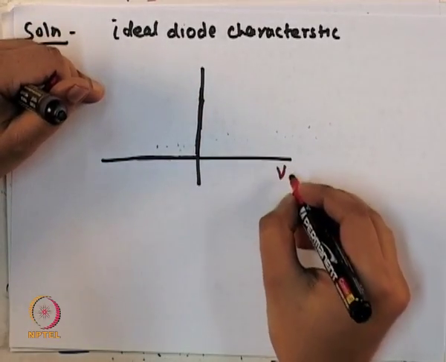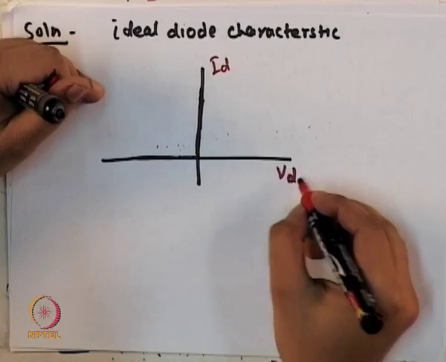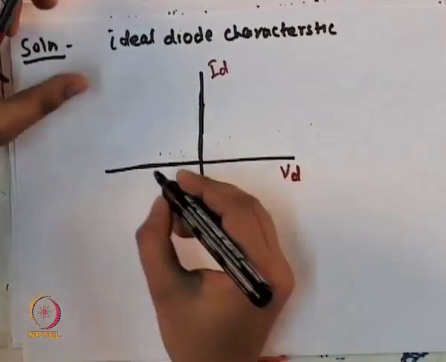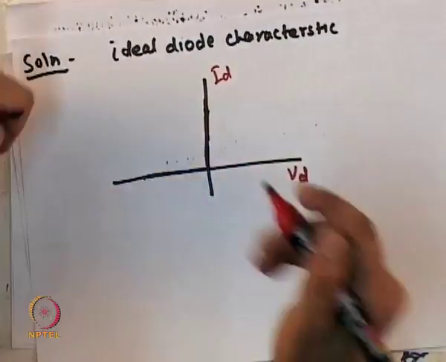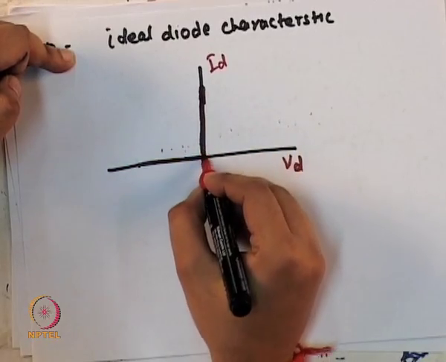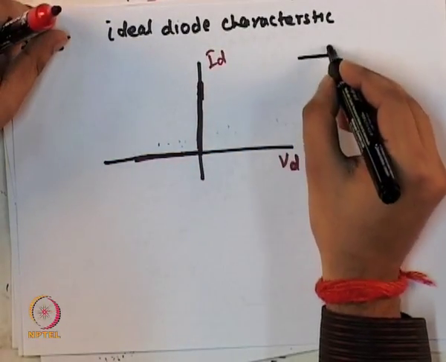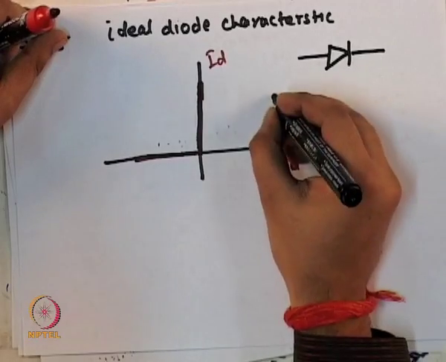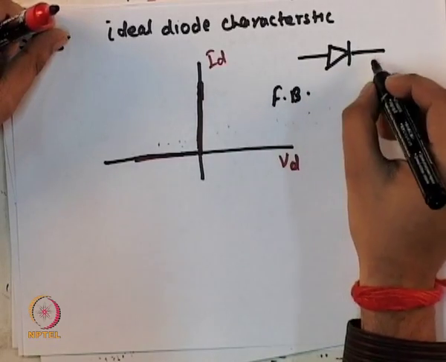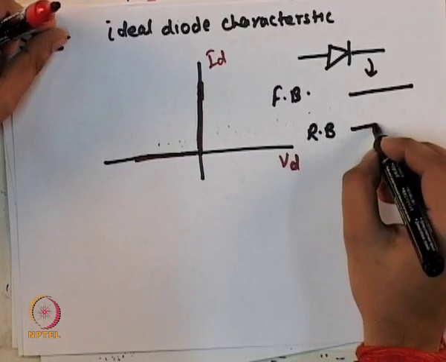This is VD, this is ID. So this is the line graph, which means if the diode is in forward bias condition, this will act as short circuit, and in reverse bias condition, this will act as open.